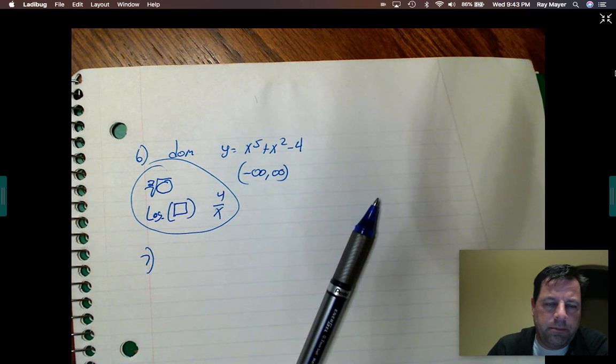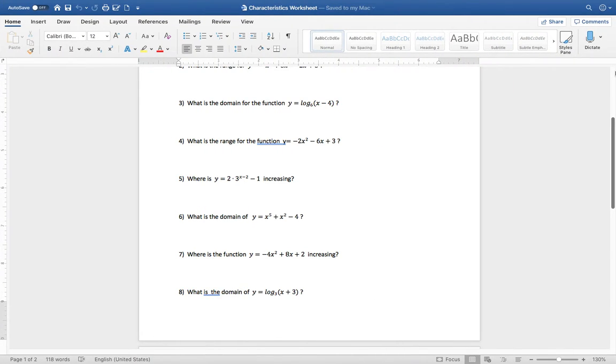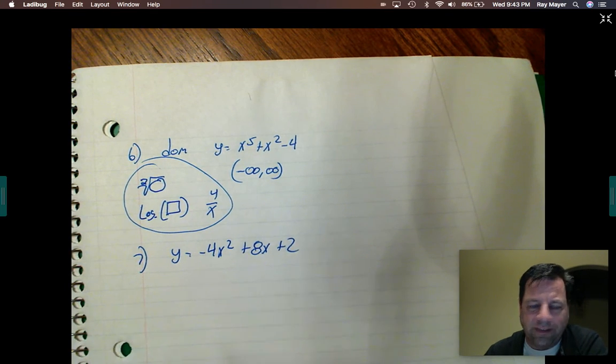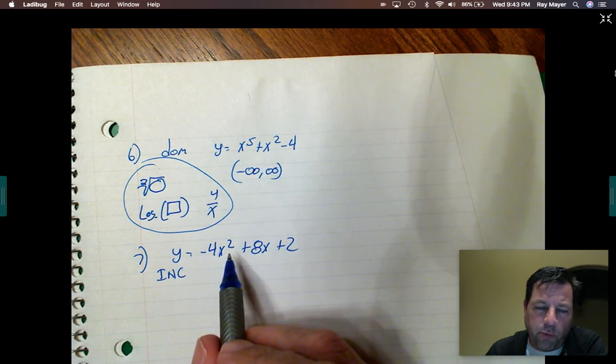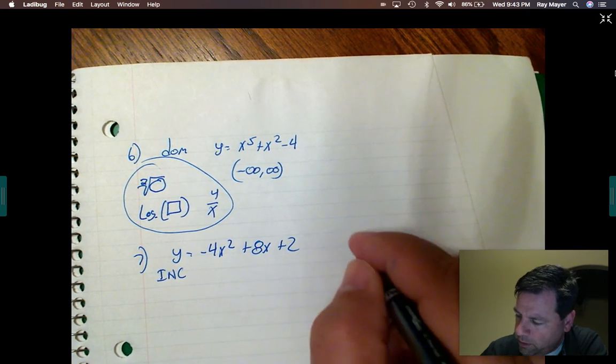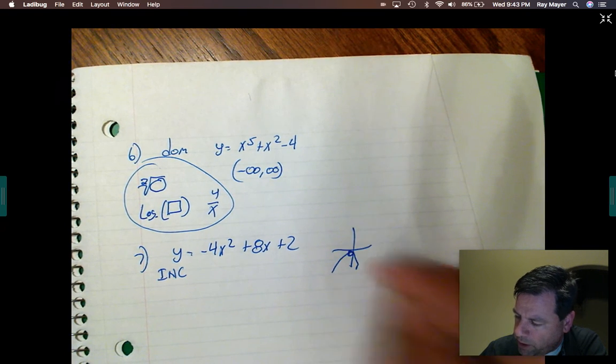7. Where is it increasing? y equals negative 4x squared plus 8x plus 2. All right, think to yourself. This is a parabola. The parabola opens down, so it does this, right?